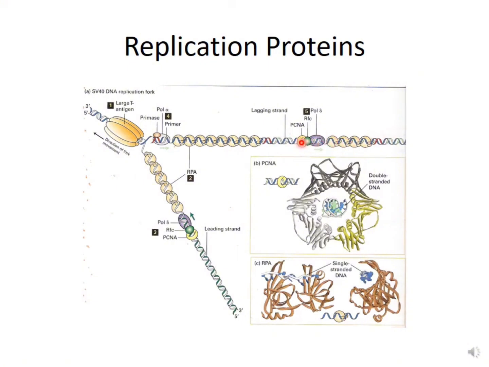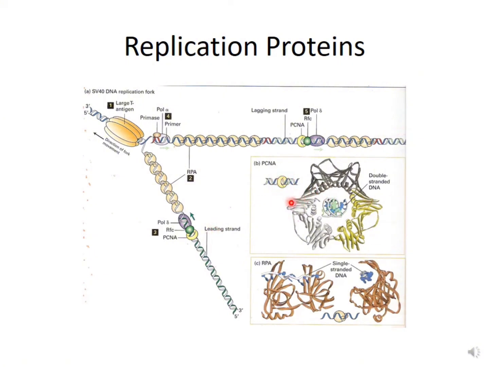The two proteins that we mentioned are PCNA. PCNA helps bind pol delta to the parental strand. PCNA has a hole in the middle of it. It has multiple subunits, and that hole allows a single stranded DNA molecule to pass through it in order to maintain the structure of the DNA. It maintains the double-stranded DNA inside of it as the new DNA forms.